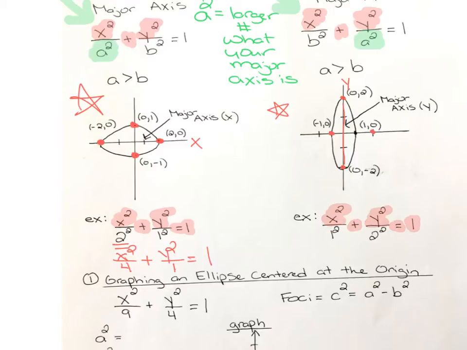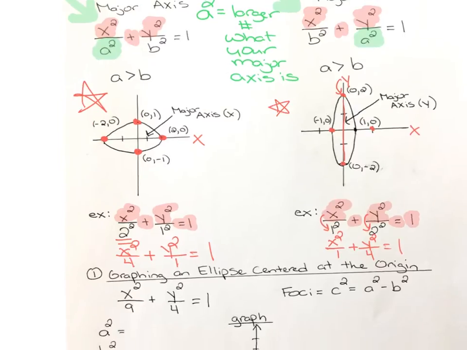For the denominators, on the x-axis I have 1s, so underneath the x I have 1 squared. On the y-axis I have 2, so I have 2 squared. So this one would be x squared over 1 plus y squared over 4 equal to 1. So you've got your vertical and your horizontal.